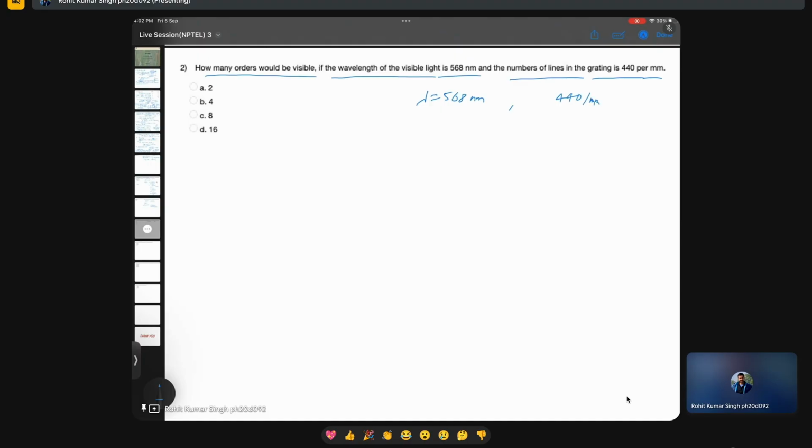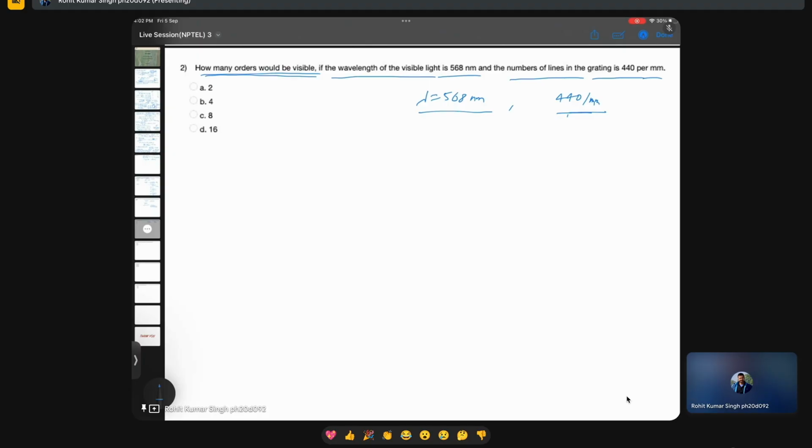So you have 440 lines per millimeter, and the wavelength of the light is given. How do you calculate the orders that will be visible in the diffraction pattern?